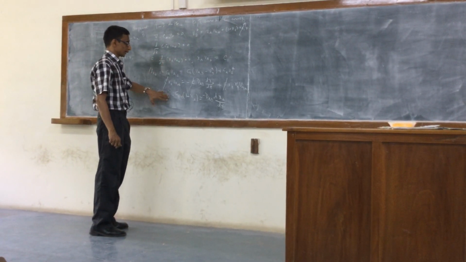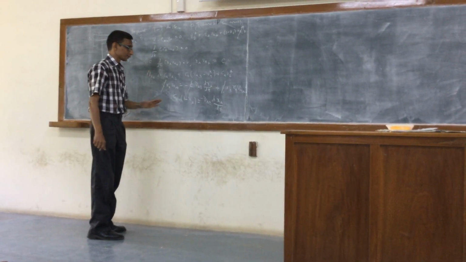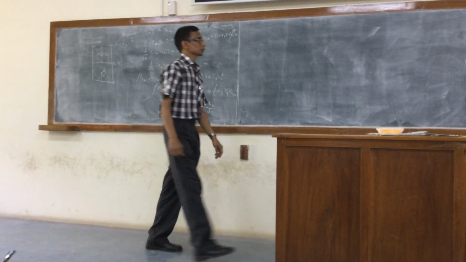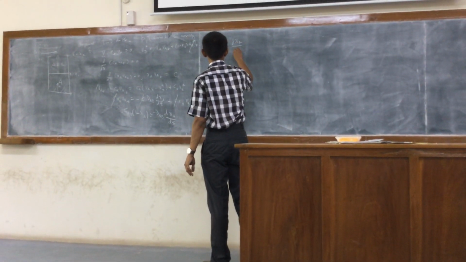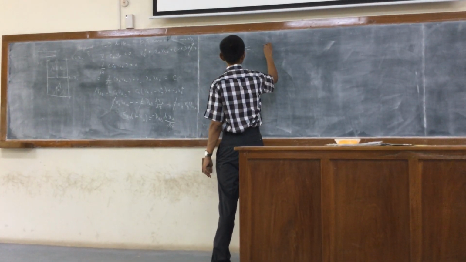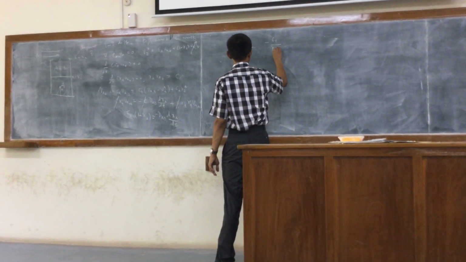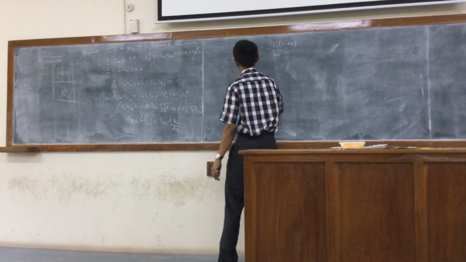So we are using that along with Fick's first law effectively, and getting this important differential equation in XA: dXA by dZ is equal to minus C1 by DAB times 1 minus XA.